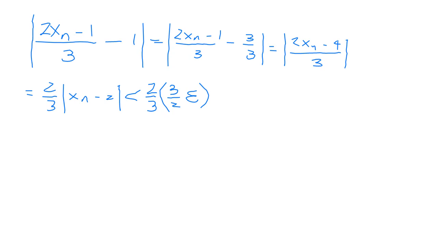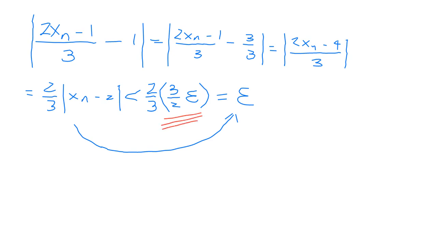Which means, look here, you see that 2/3 times x sub n minus 2, we want to make sure it's less than epsilon. So we are using 3 over 2 epsilon to make sure it's less than it. So this right here now is equal to epsilon, which means that this is less than epsilon by using this value right here.